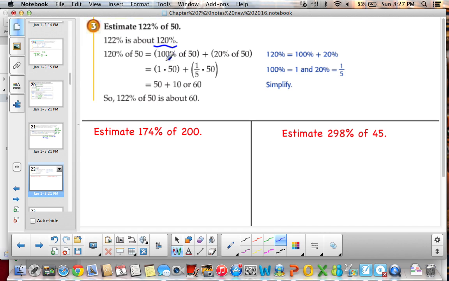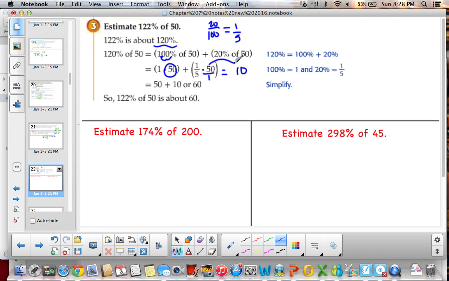So 100%, if we change it to a decimal, is just 1, or 100% of anything is just that number. 20% of 50, so 20% is 1/5, because 20% is 20 over 100, and then we can simplify it down to 1/5. 1/5 times 50, so 1 times 50 is 50, divided by 5 times 1, which is 50/5. 50 divided by 5 is 10.